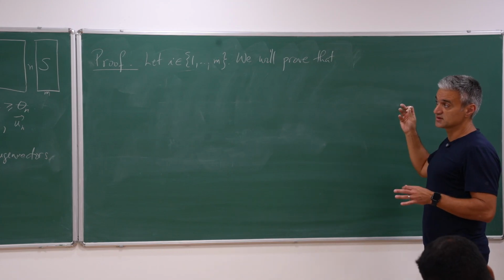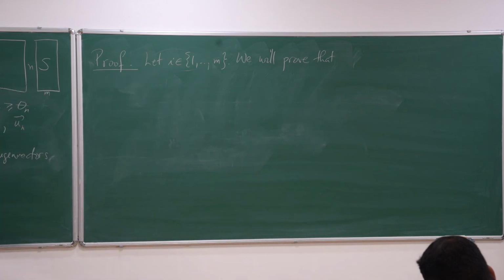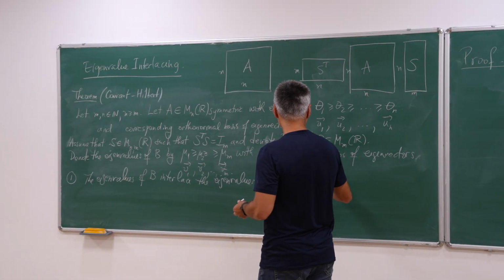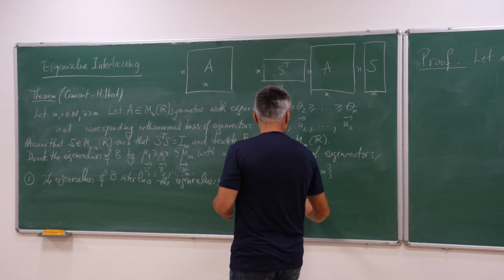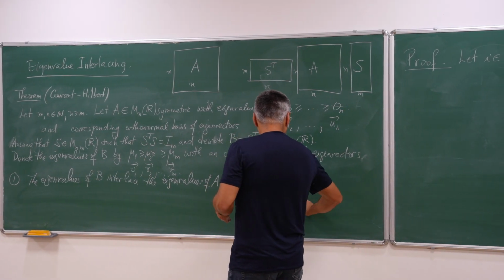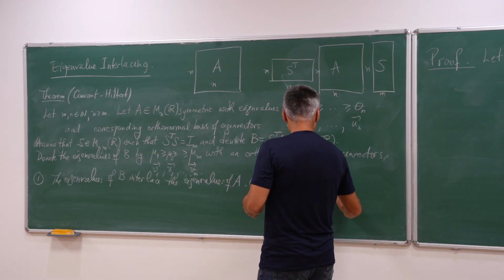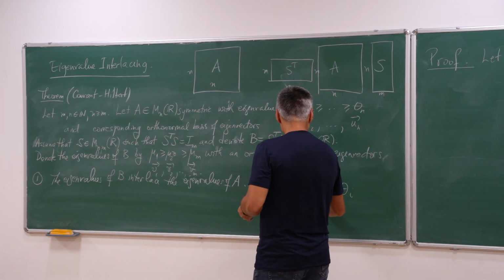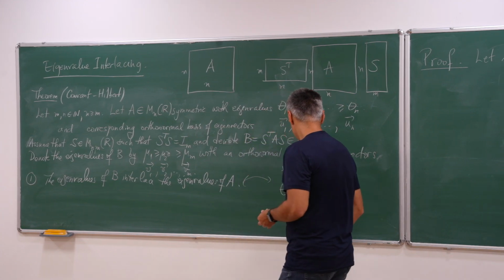Because the other inequality, remember, this eigenvalue interlacing means that for any i from 1 to m, what do we have? mu_i is less than or equal to theta_i, and is greater than or equal to theta_{i+n-m}.